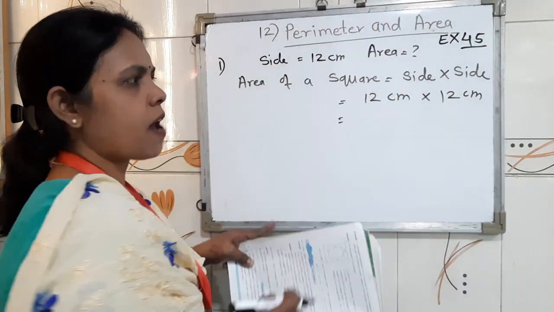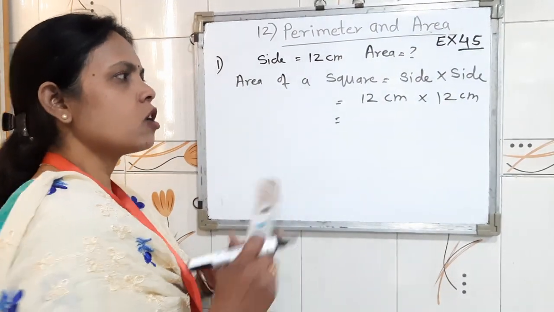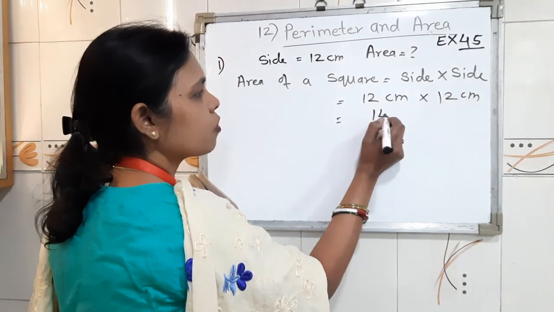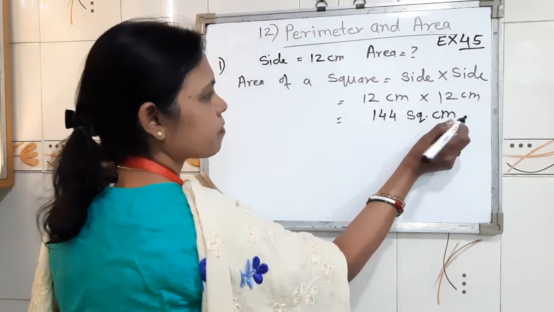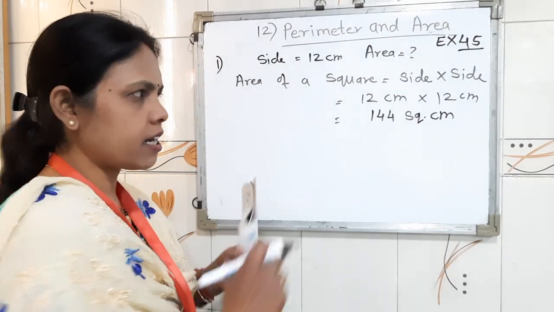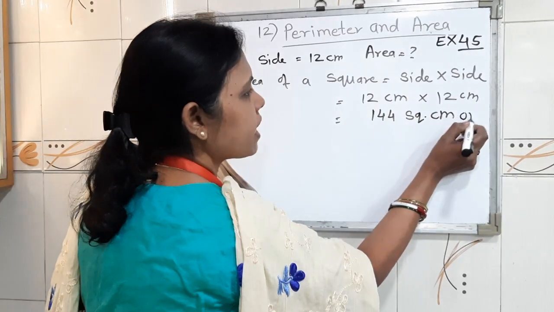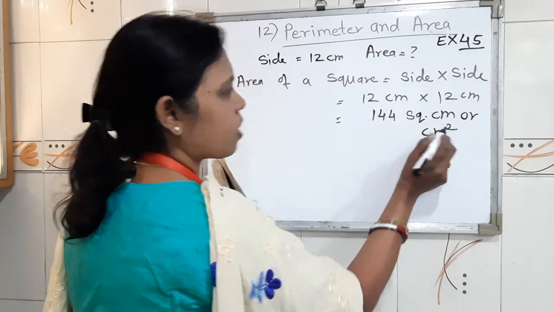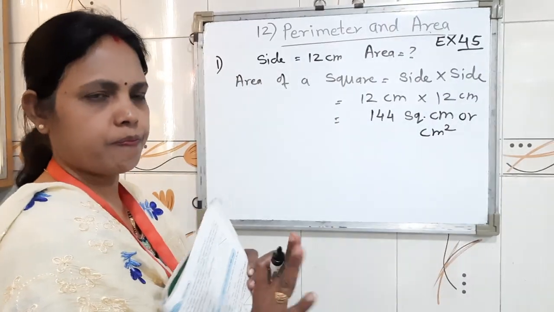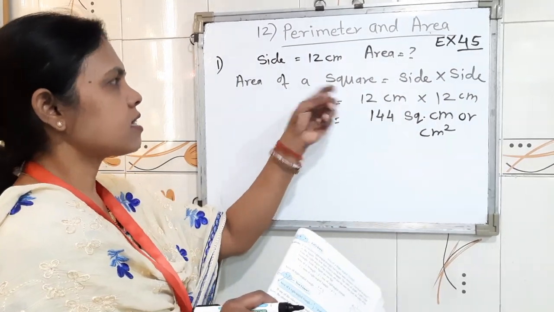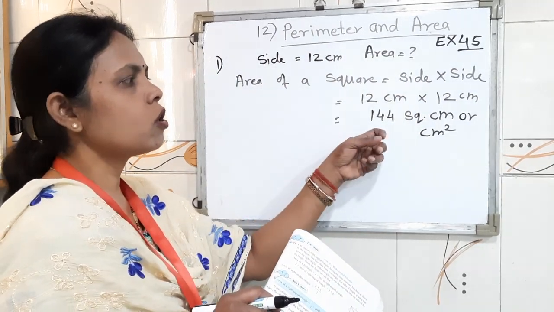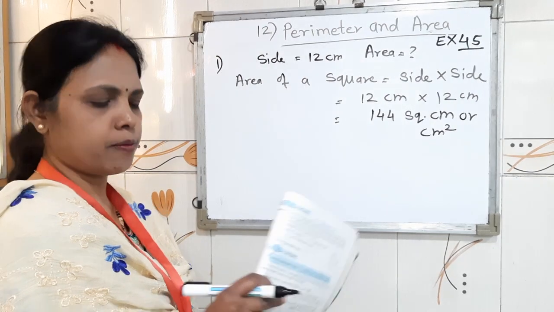When we multiply 12 into 12, we will get 144 square centimeter. Square centimeter you can write this way, or you can write centimeter square. Both the meaning is same. So here we got our answer, area of a square equal to 144 square centimeter.